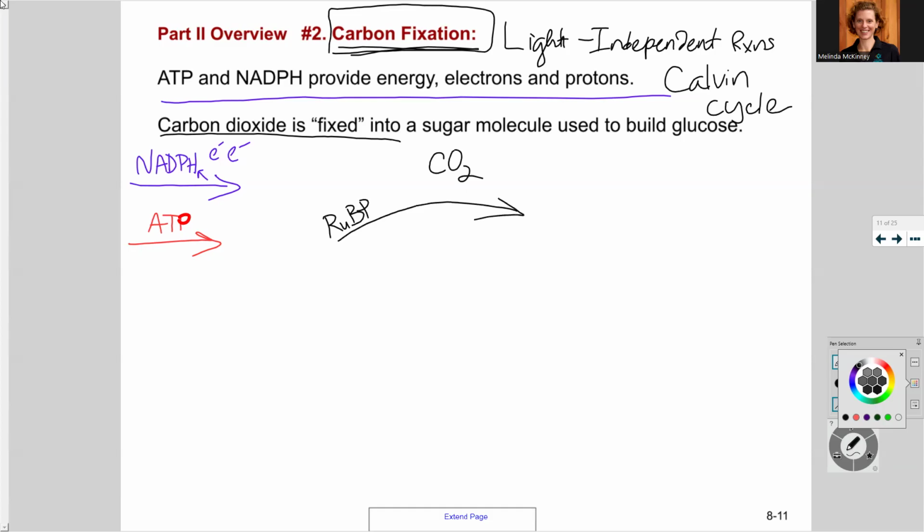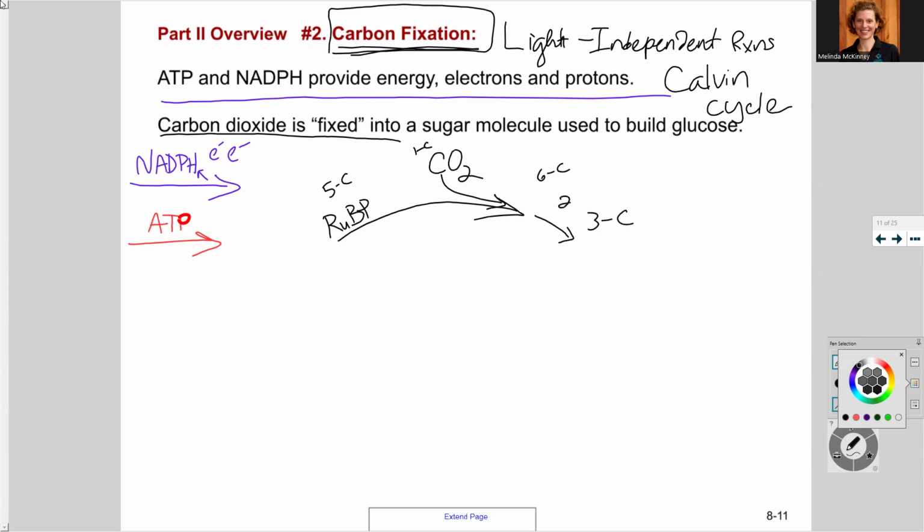This molecule here is a 5-carbon molecule. It's going to combine with this molecule, which has 1 carbon in it. It's going to make, really briefly, a 6-carbon molecule that is then going to split apart into 3-carbon molecules.